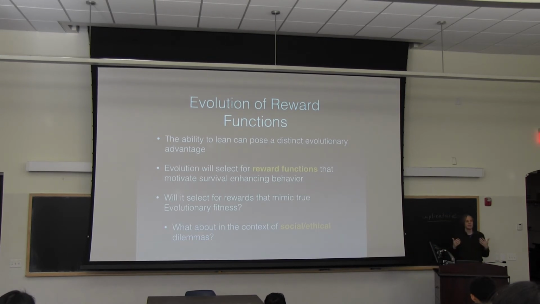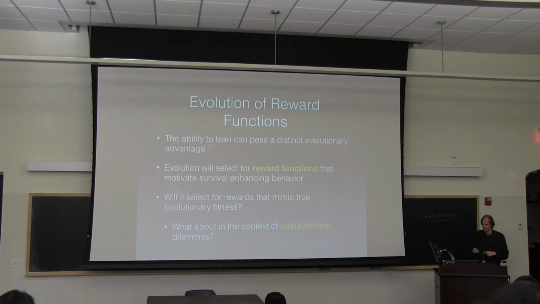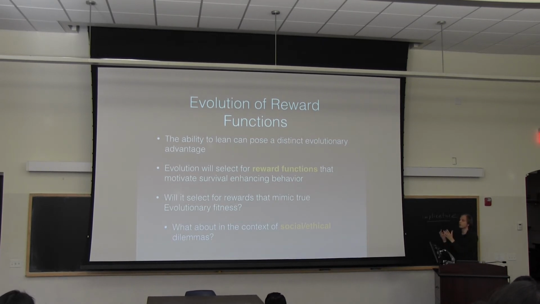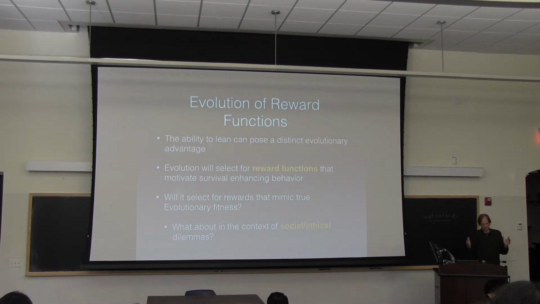So we have the idea that an agent that could learn the world has some distinct evolutionary advantage. But in order for it to learn, it has to have a reward function, right, that specifies what things it should be doing in the world. So evolution would have to evolve the reward function. This is very different than the classic kind of paradigm of MDP thinking, which is people tend to think of RL as there's an agent who can take actions, and then there's like the environment.